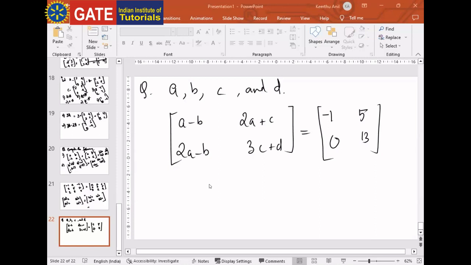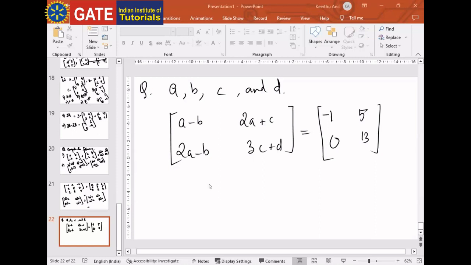Getting it? I'm getting. Value of A is 1. Okay. Value of B. Minus B, 2A plus B plus D, you are getting it as 0.